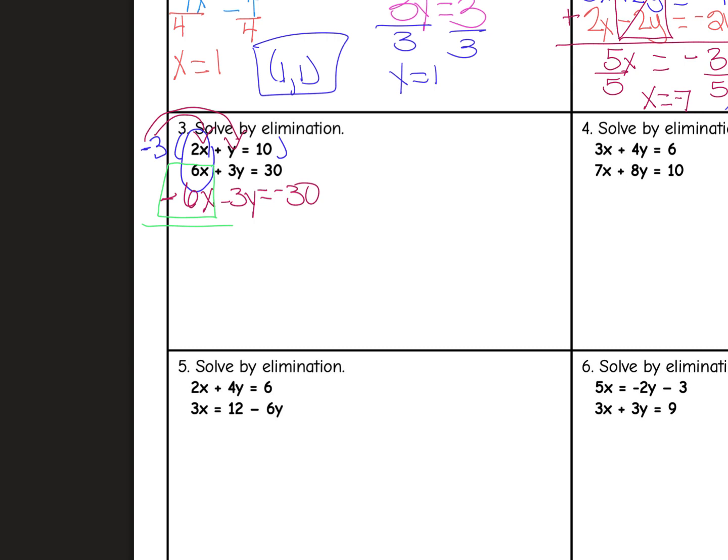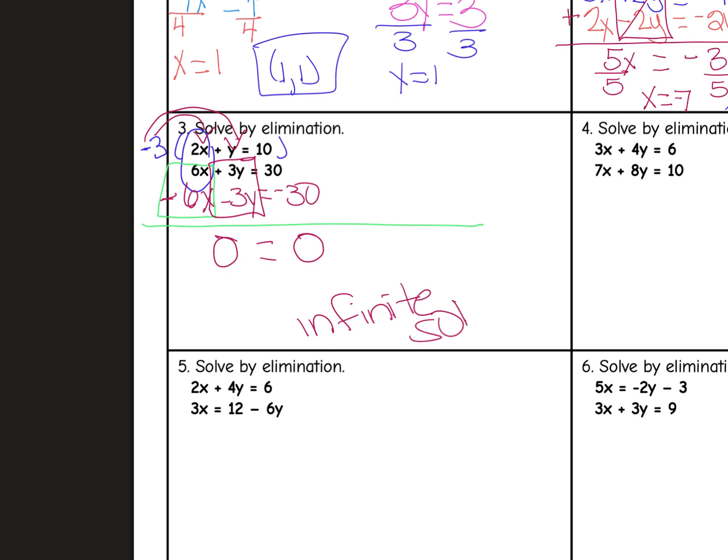Well, that cancels out. That's 0. And then I have my 3y minus 3y. Well, that cancels out, so that is 0. And then I'm left with my 30 minus 30. That is also 0. So here I would have a solution of infinite solutions.